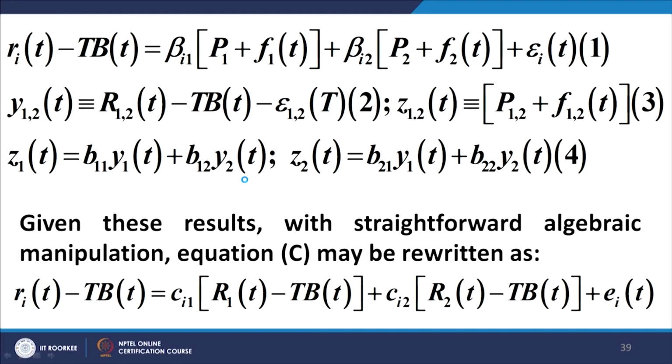So, by this exercise, what have we established? We have established that the return on any arbitrary security i can be represented as a linear factor model, where we are substituting capital R1t and capital R2t, that is the returns on the well diversified portfolios 1 and 2, as the factor components.